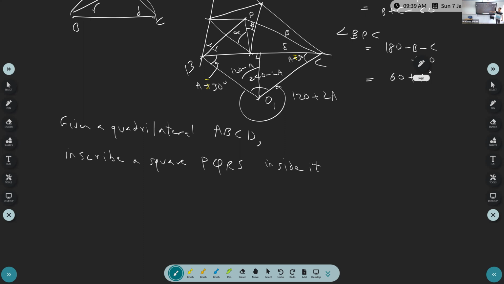But the point is that each vertex of PQRS has to be on one side of ABCD. So the diagram will look something like this. If this is your quadrilateral, then I'm interested in drawing a square which looks maybe like this.